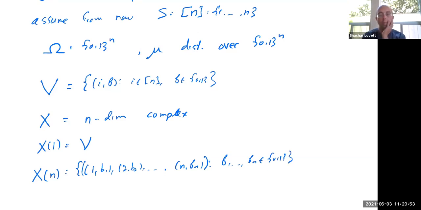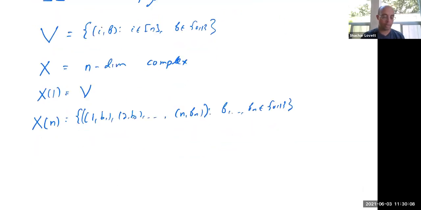So how do I want to think about this? The top phase is what's called the full coloring. I take all the n elements, and to each one I decide it's colored either 0 or 1. So I'm going to think of X_n as full colorings of all elements.